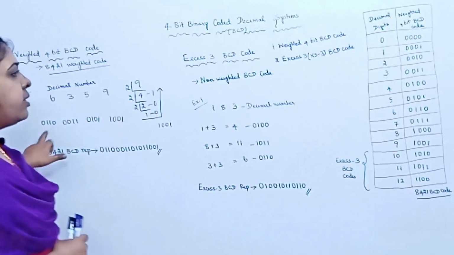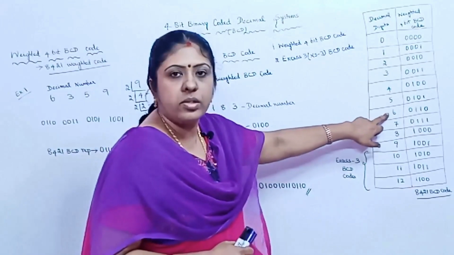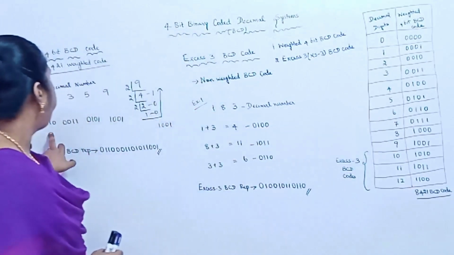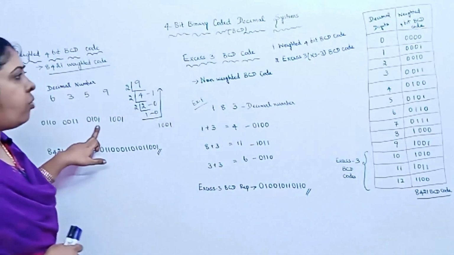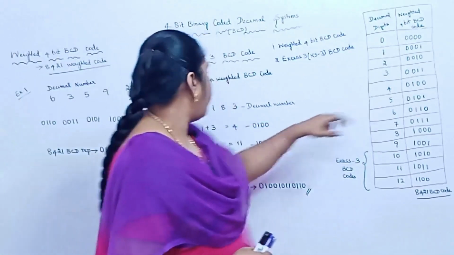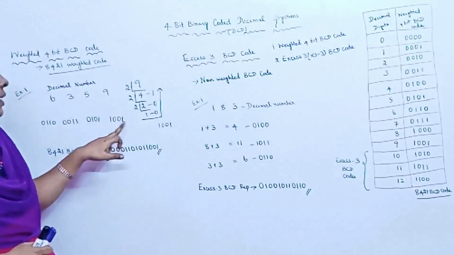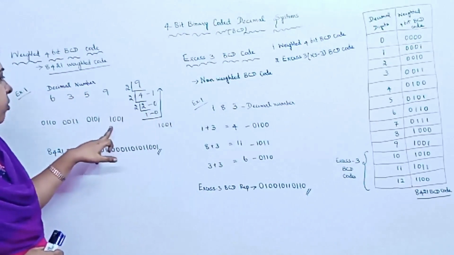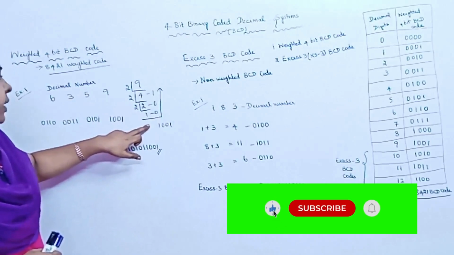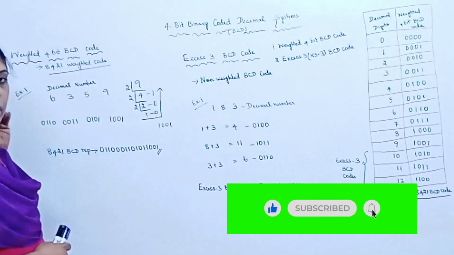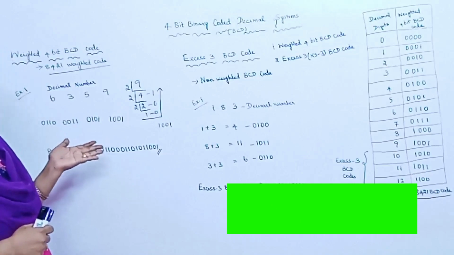So for 6 from the table, 0 1 1 0. For 3, 0 0 1 1. For 5, 0 1 0 1. For 9, in the example I calculated 1 0 0 1. Similarly for other values you can calculate on your own.